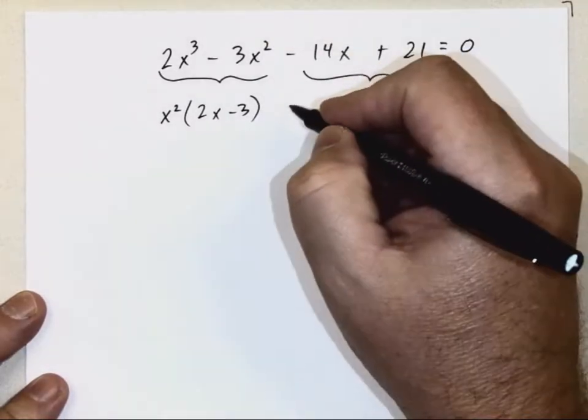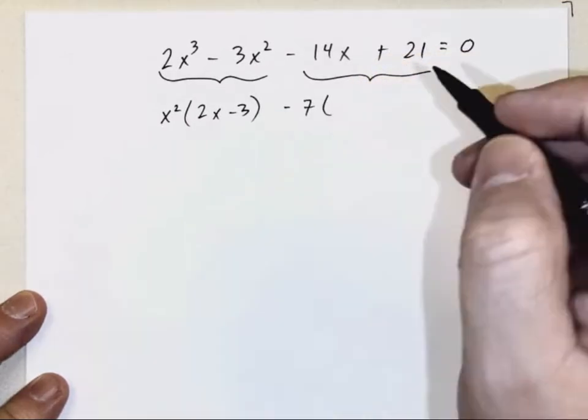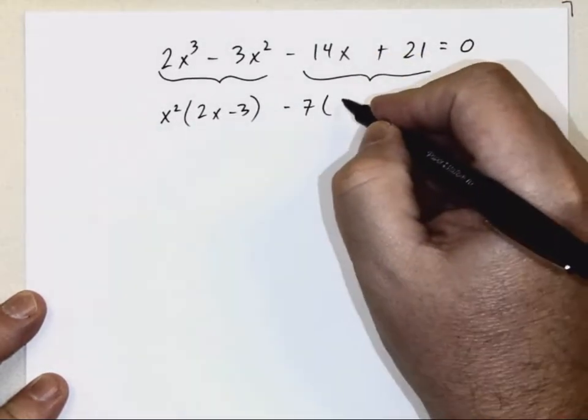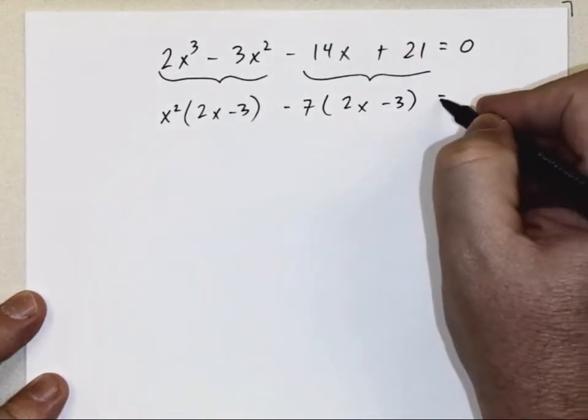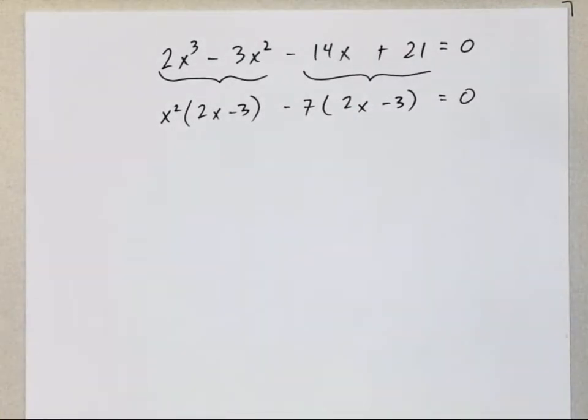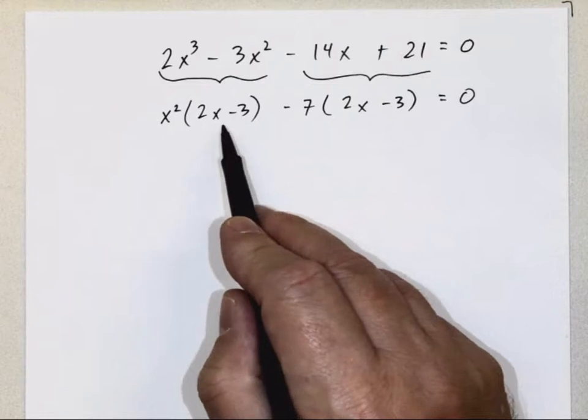Matter of fact, you never quite know for sure, but I'm going to factor out a negative 7. And then inside the parentheses, I have 2x minus 3.